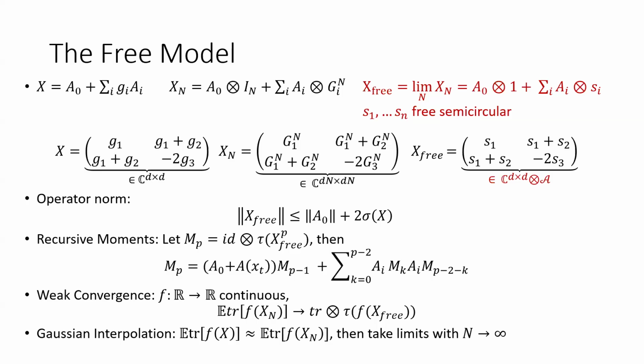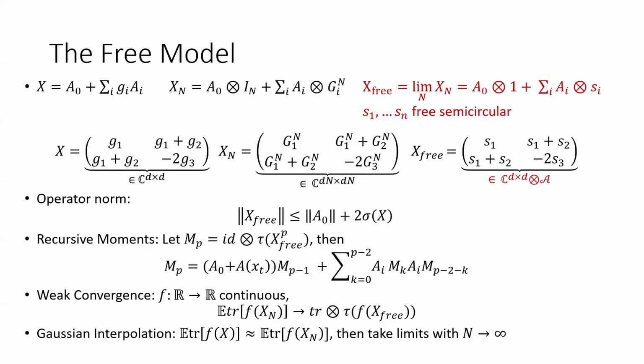Okay, so now I've spent all this time trying to explain the basics of free probability. I can sort of explain how those results were proved in these recent papers.